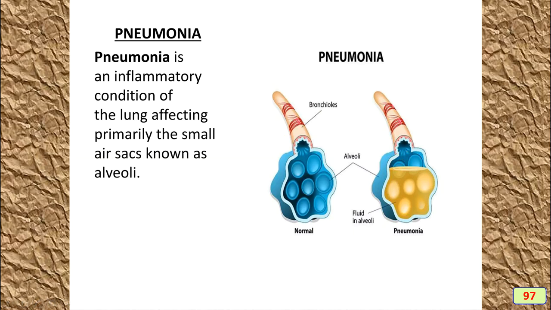Pneumonia is an inflammatory condition of the lung affecting primarily the small air sacs known as the alveoli. In general, inflammation of the lung is called pneumonia.